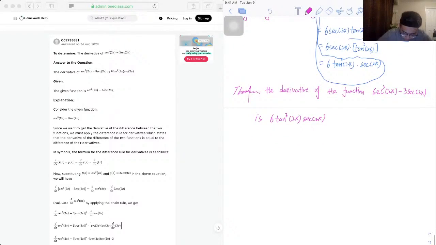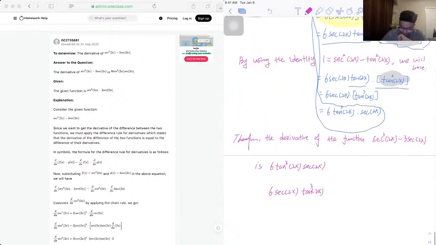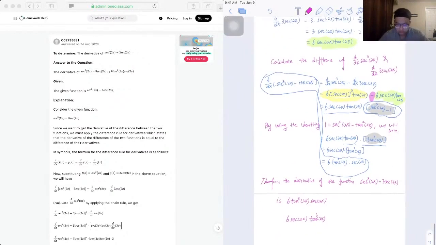You can also write it as 6 secant 2x times tangent 2x to the exponent of 3. They're exactly the same thing. So I think that's all we got for this question.